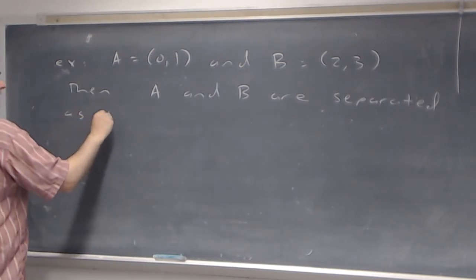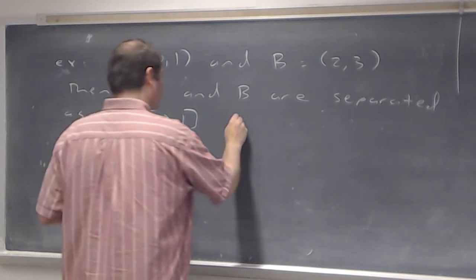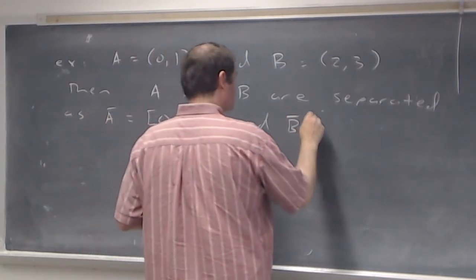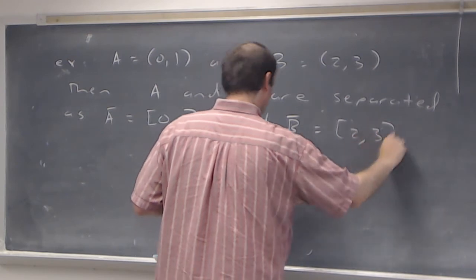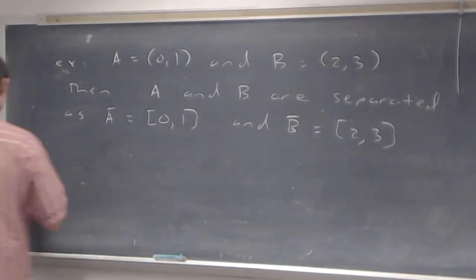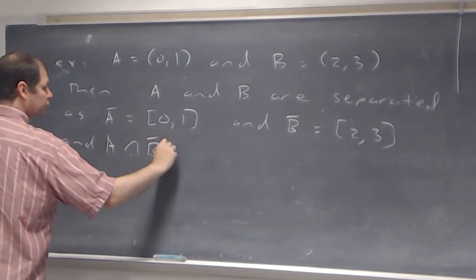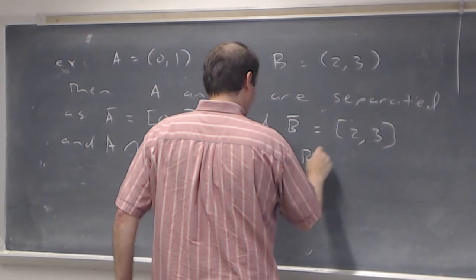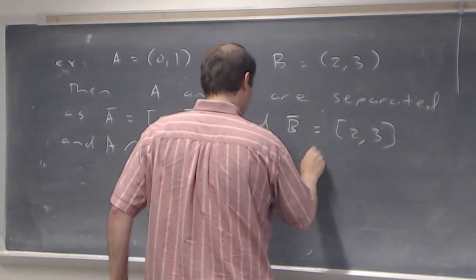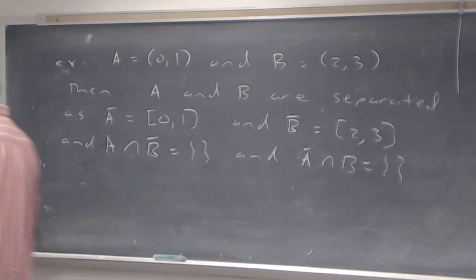You can say A closure is equal to [0, 1], so you put in the limit points, and B closure is equal to [2, 3], closed in this way. And so if you take A and intersect it with B closure, you do get the empty set. And if you take A closure intersect B, you get the empty set there. Some examples.